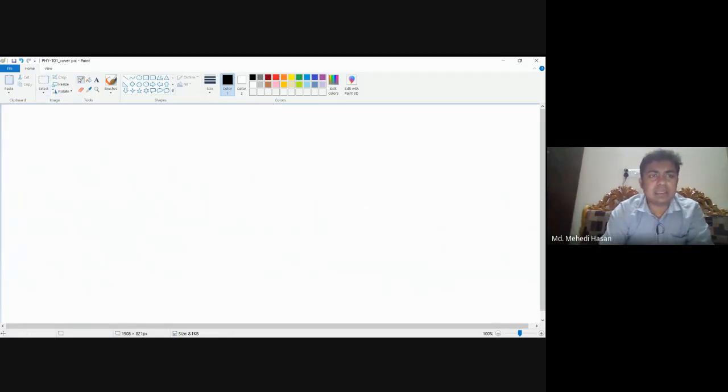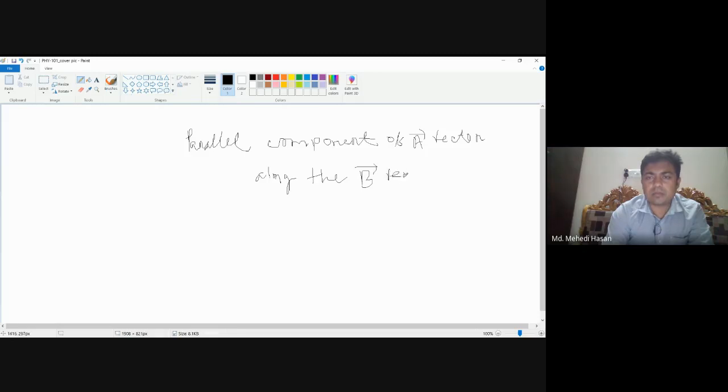Another thing is, if the question gives the parallel component of a vector along the direction of the b vector, the parallel component is like this.